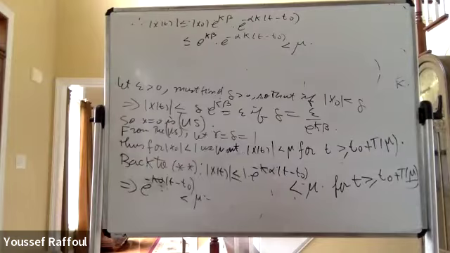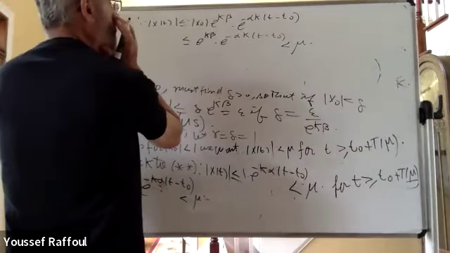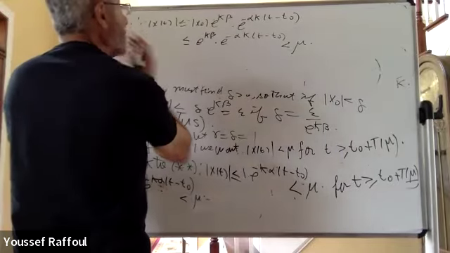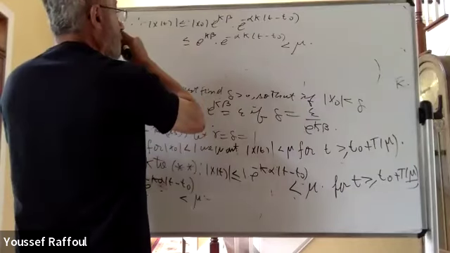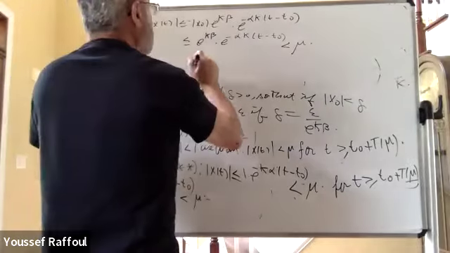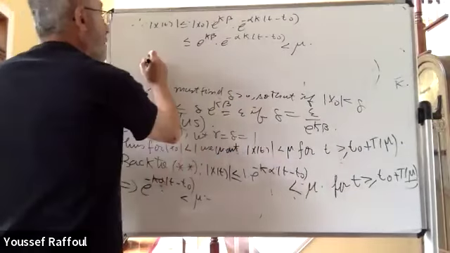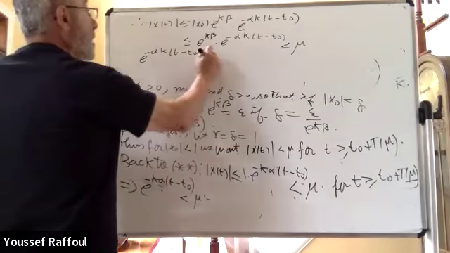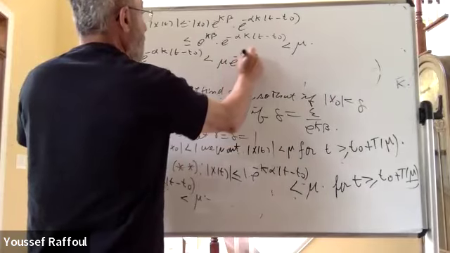So we need to solve by dividing by e to the k beta. So e to the minus alpha k (t minus t naught) is less than mu e to the negative k beta.